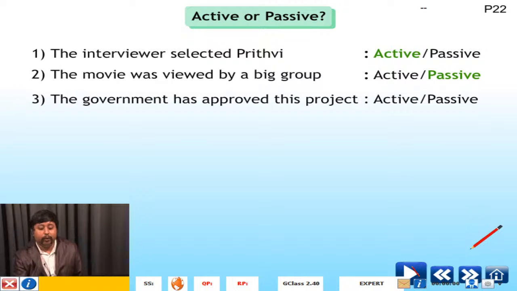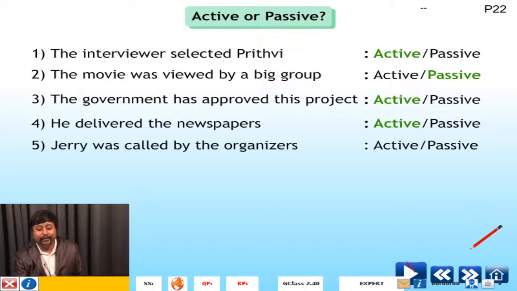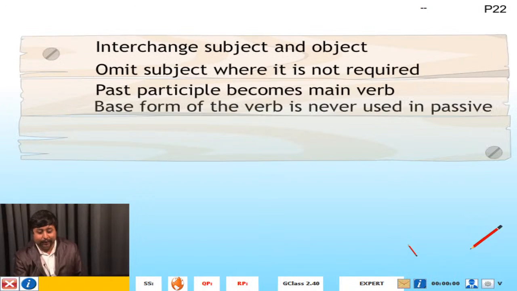The government has approved this project. What will this be? Good again. This is active voice. He delivered the newspapers. What would that be? Again active. Zeri was called by the organizers. This is what? Very good. Passive voice. Deepa will finish the remaining work. What will it be? Active voice, right?